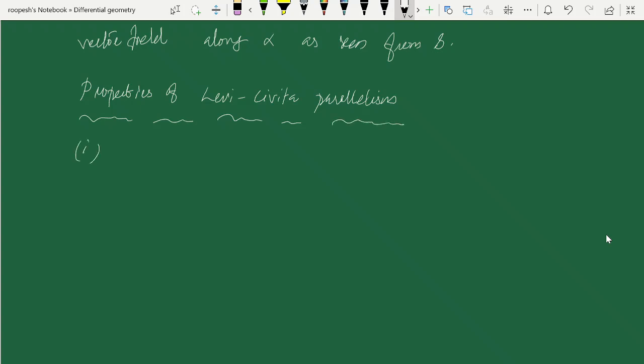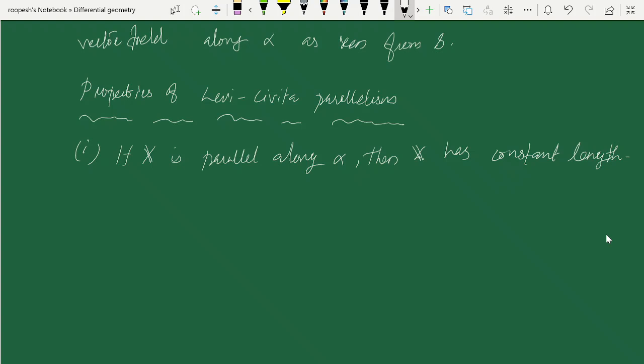The first property is: if X is parallel along alpha, then X has constant length.